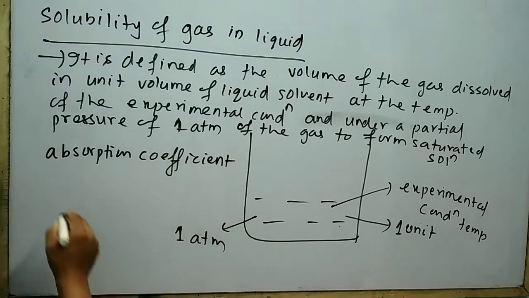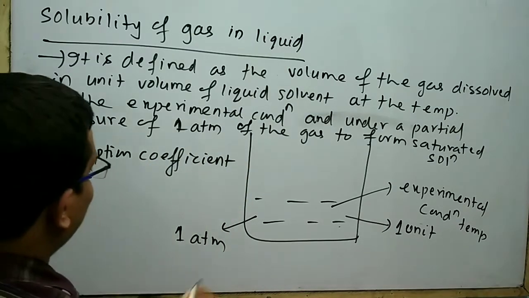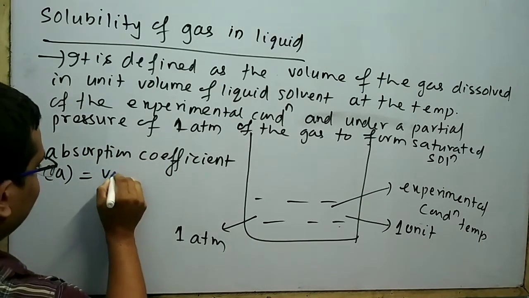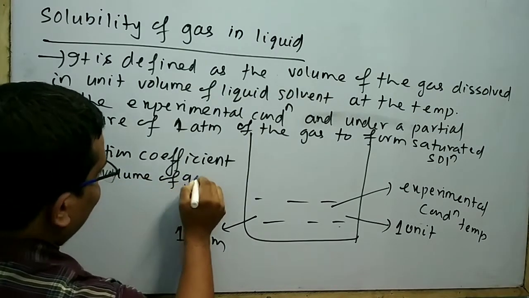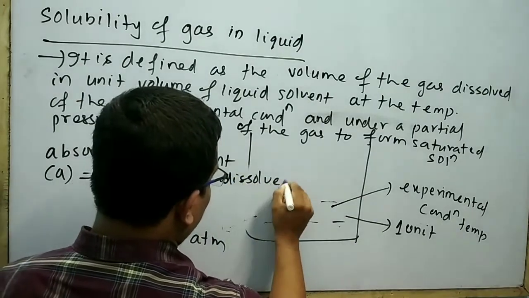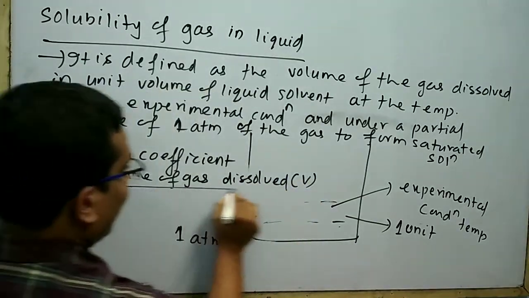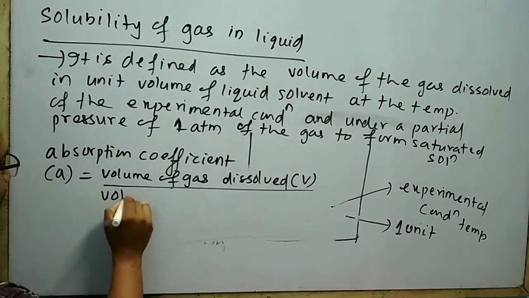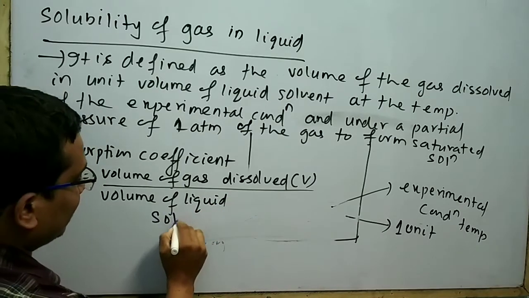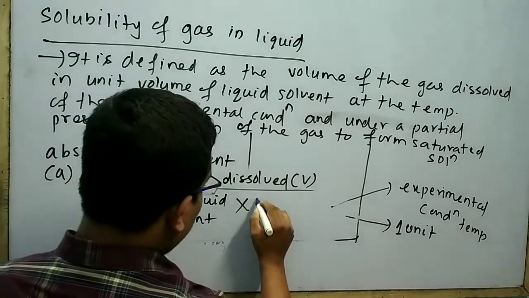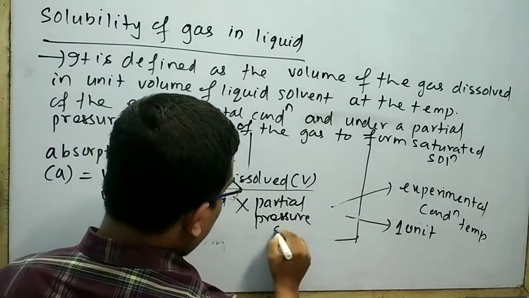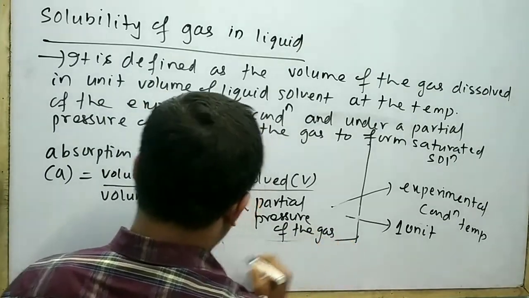Mathematically, the absorption coefficient is given by a formula. The absorption coefficient A equals the volume of gas dissolved, suppose this is taken as V, divided by the volume of liquid solvent into the partial pressure of the gas.